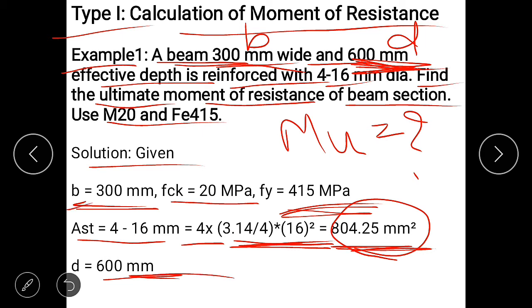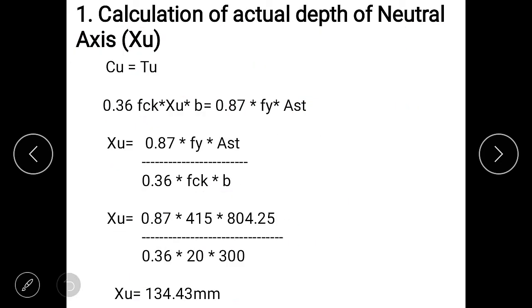Okay, so B is given as 300 mm, FCK is 20, Fe415 is the steel grade, AST is 804.25 and depth is 600 mm. So the first step here is the calculation of actual depth of neutral axis. Before calculating moment resistance, we have to find whether the beam is under reinforced, over reinforced or balanced reinforced.